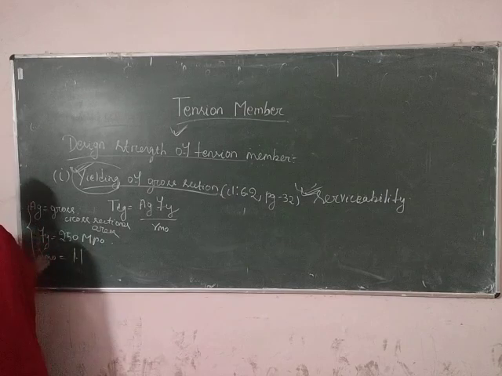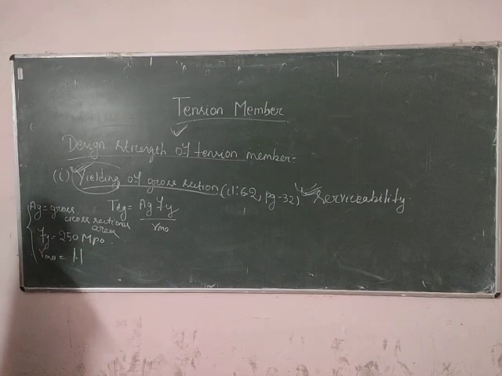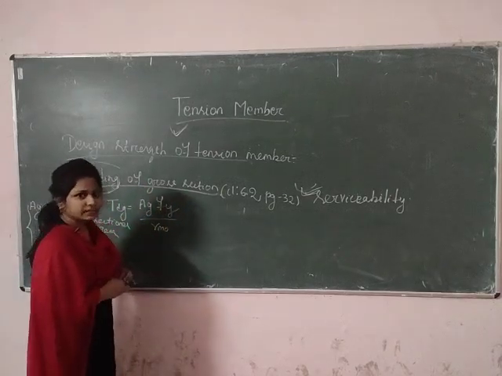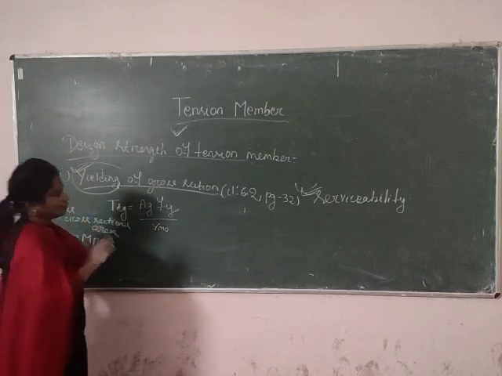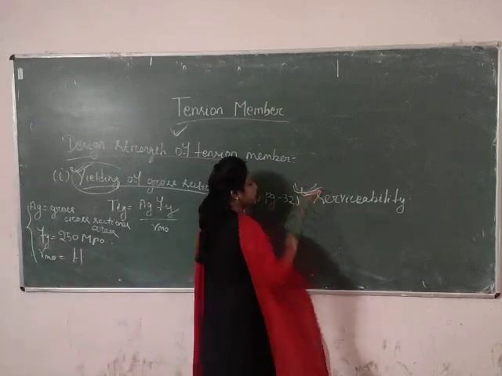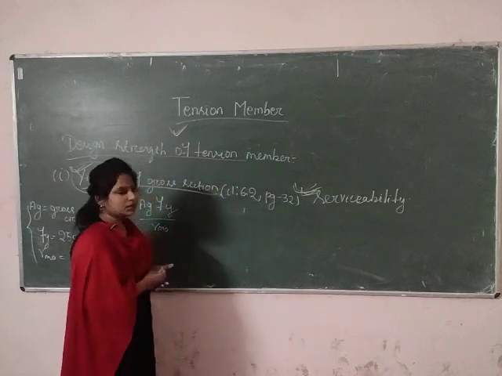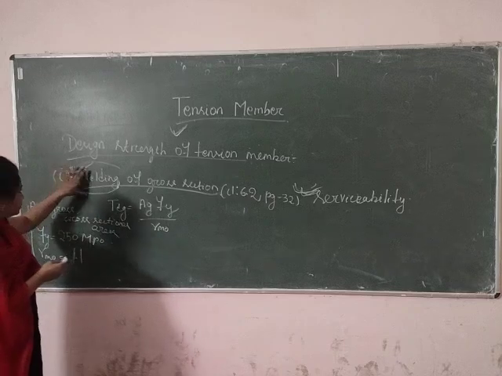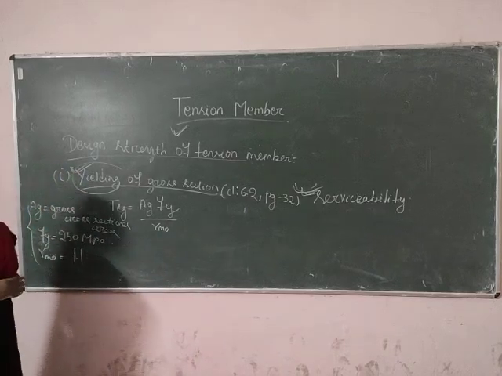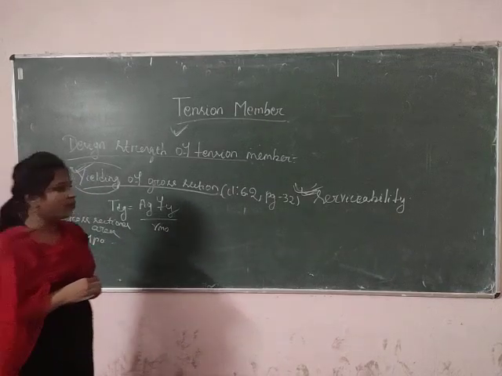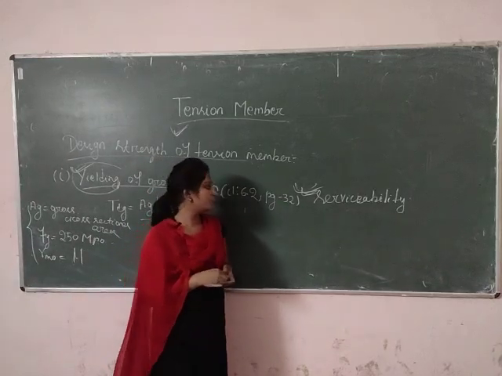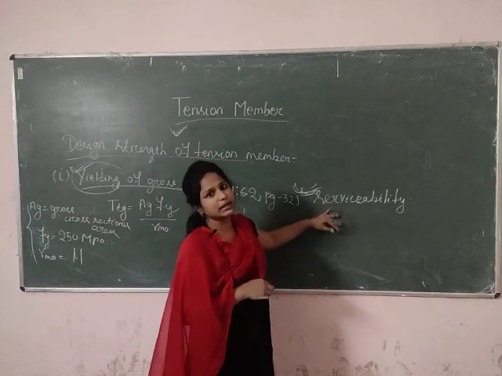So, these things you know from the bolted connection. Okay. So, in this way you can calculate the yielding of the gross section. Generally at the yielding, and also after the yielding, large deformation occurs, and that large deformation we cannot permit due to the serviceability criteria.